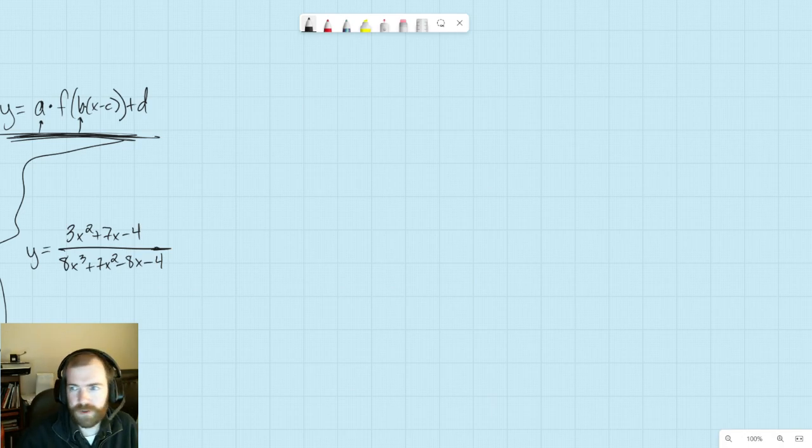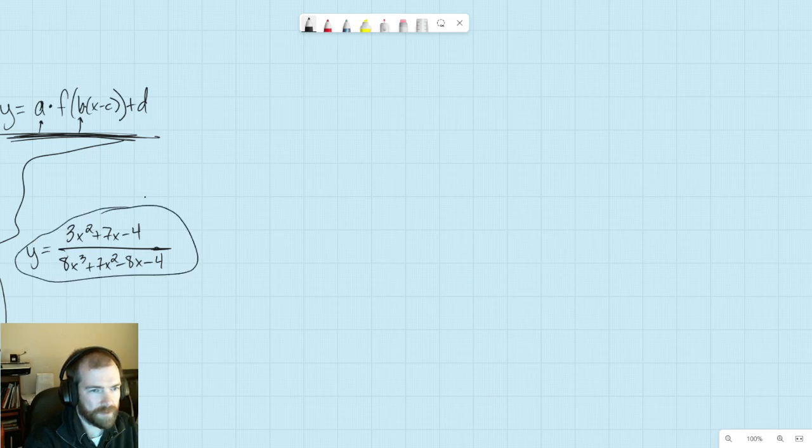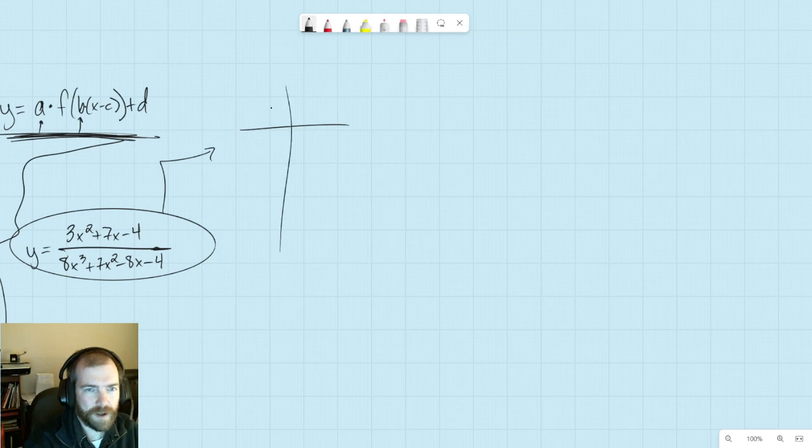Table of values. Yes, so basically, a table of values is that you take a function like this and say, I want x values compared to y values.